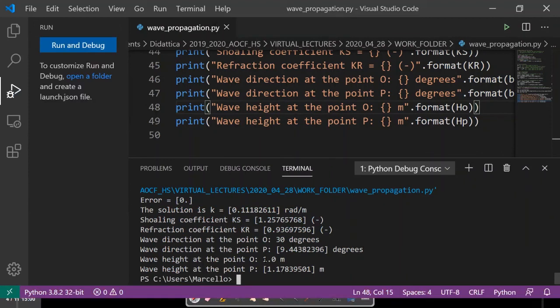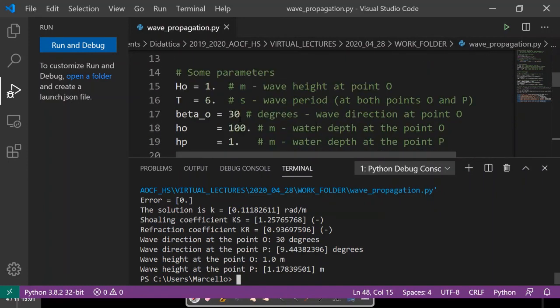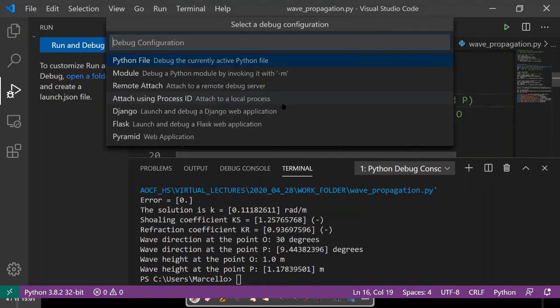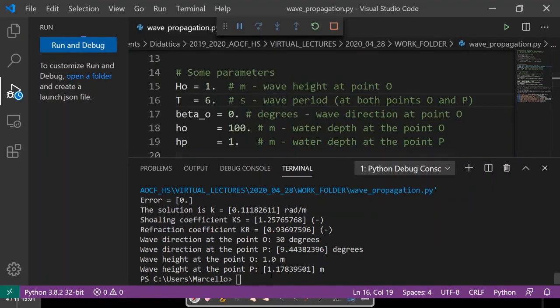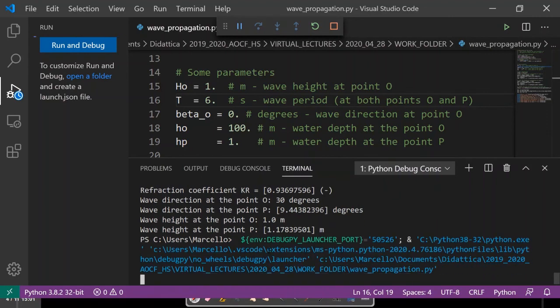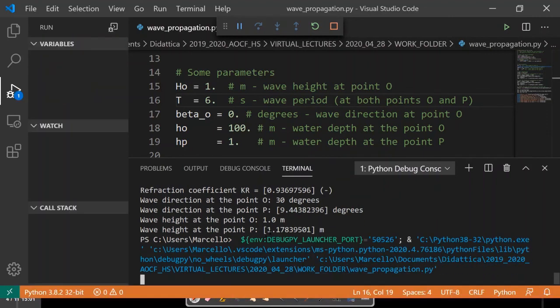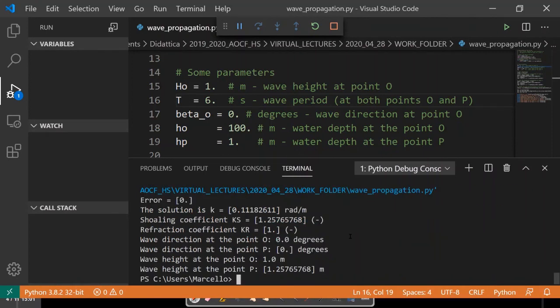So we start from 1 meter at the point P. We have a wave height equal to 1.17 and so on. Of course, if the waves are perpendicular to the bathymetric line, the wave height is higher, because the refraction tends to decrease the wave height.